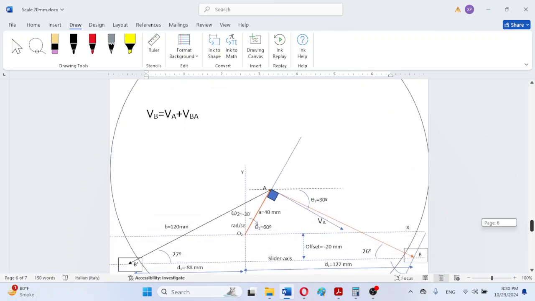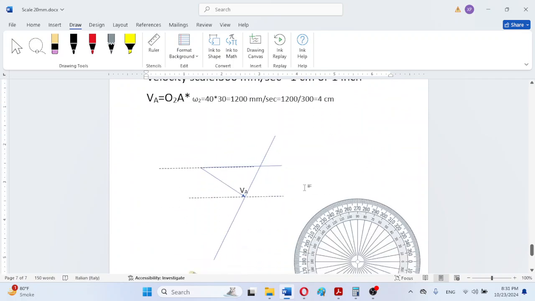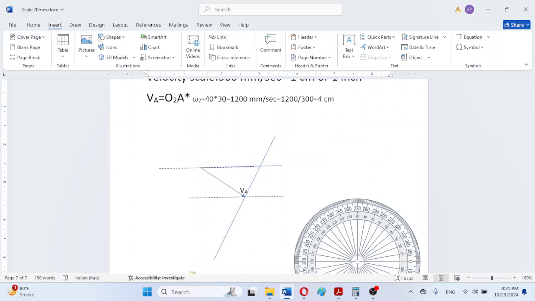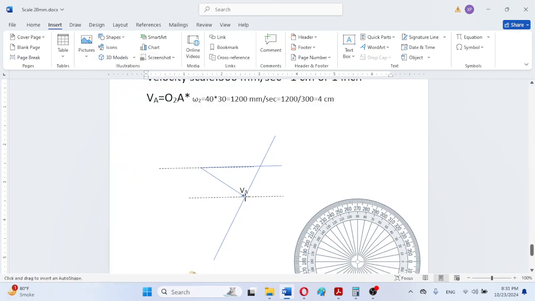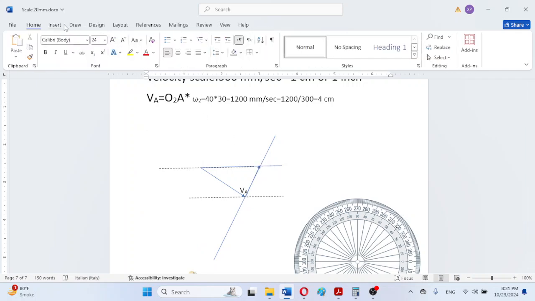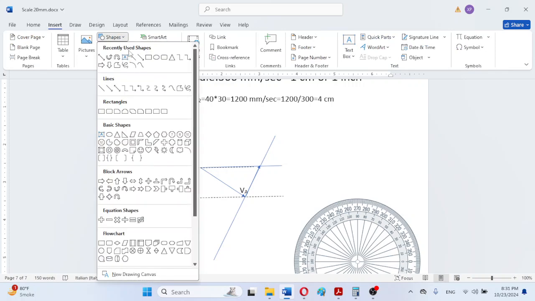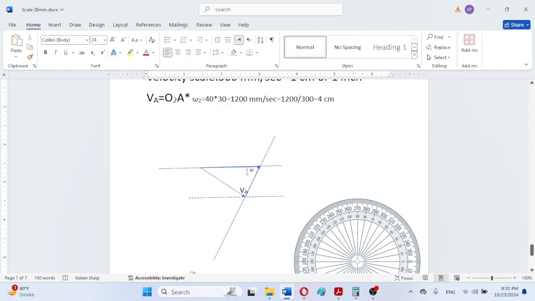So because VB is actually the resultant, in this manner we can complete these vectors like this, and here like this.